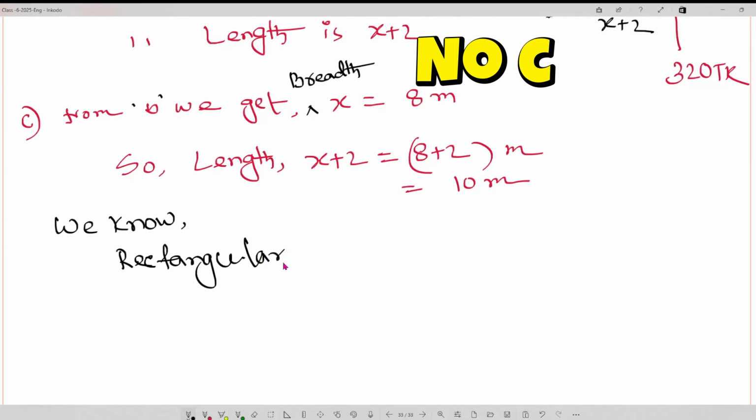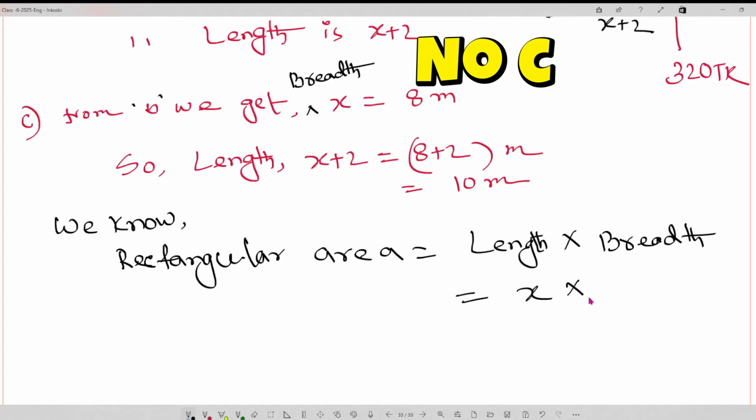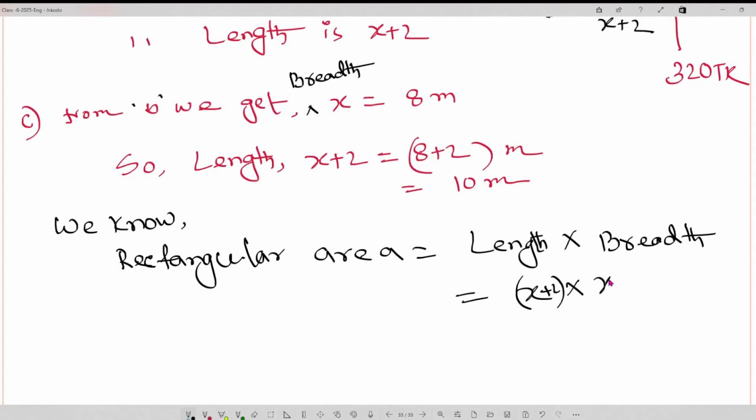Rectangular area equals to length times breadth. Okay, length is x plus 2, right? And breadth is x. X plus 2 already we get 10 and breadth is 8. So 8 times 10, here is a square meter.